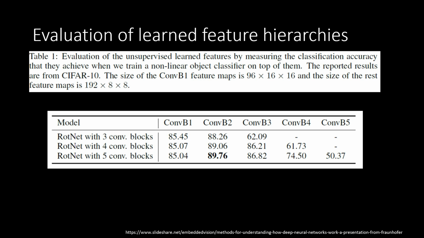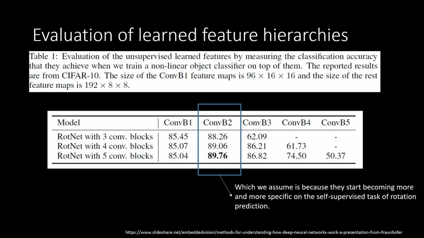After experimentation, they found that the features which are learned after conv block 2, with a classification layer trained on these features, tend to perform better. The reason is hierarchical learning in deep learning.